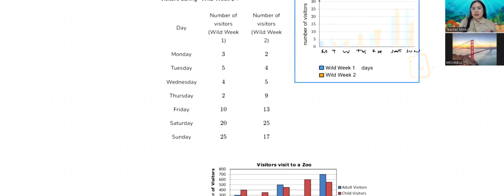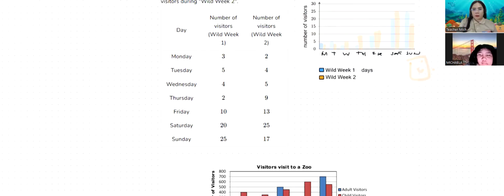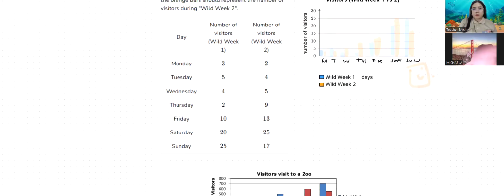So that vertical thing is what we call the number of visitors or the number of people, okay? Next one, it depends on the color of our double bar graph. So for us to easily compare those data, we are given just like two colors. So it represents different categories. Like for example, this one. Color blue is for Wild Week 1, and then for orange, that is Wild Week 2.